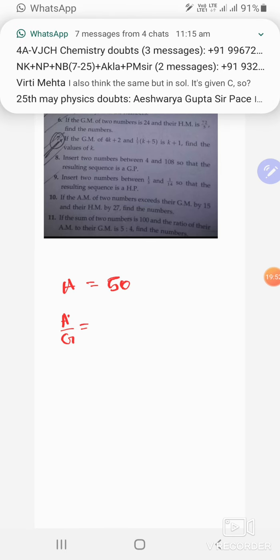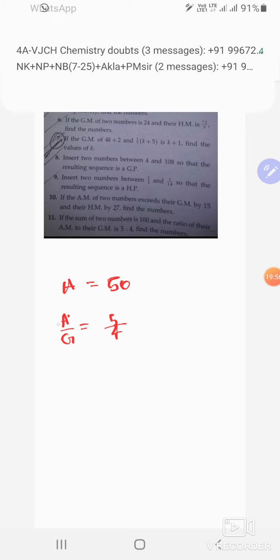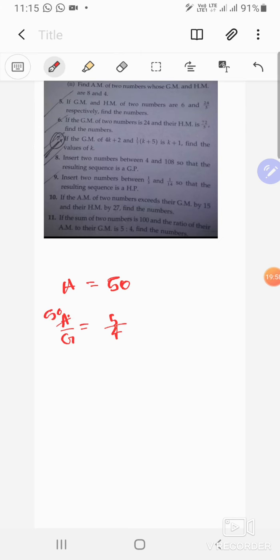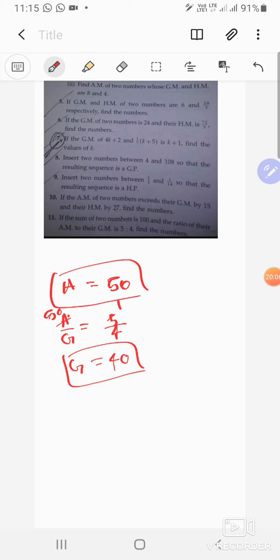No problem. And the ratio of their arithmetic mean to their geometric mean, A upon G, is 5 upon 4. Find the numbers. So we already know that A is equal to 50, so that cancels. You got a 1 over there, so the geometric mean is 40. Nice. Which means that the product of these two is equal to 40 squared.